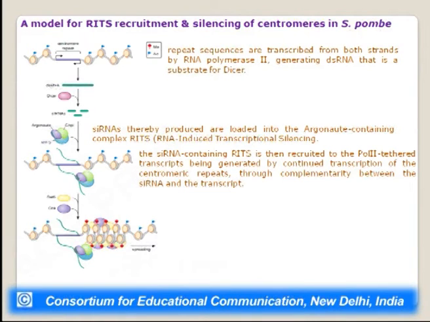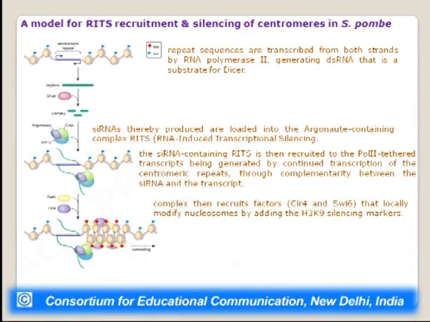The siRNA containing RITS is then recruited to the Pol2 tethered transcripts being generated by continued transcription of the centromeric repeats through complementarity between the siRNA and the transcript. So, siRNA now has a perfect complementarity with the transcript of the centromeric region.